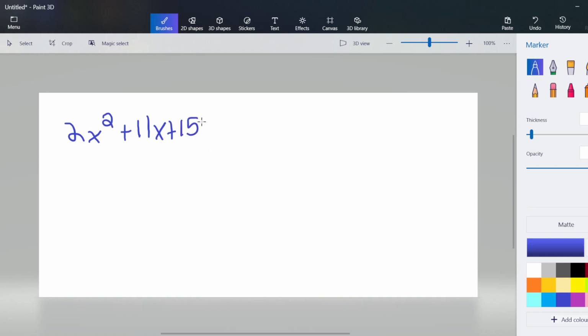So now what we would do here is kind of similar, but the first thing we're going to do is multiply the coefficient 2x with our c term. So we would do 2 times 15, which equals 30. Now what we want to do is find two numbers that when multiplied equal 30, but when added equal 11.